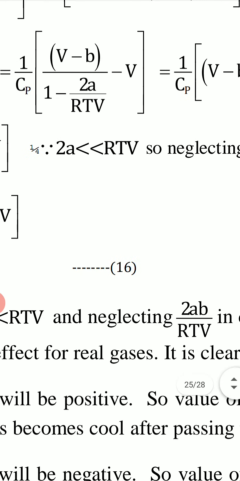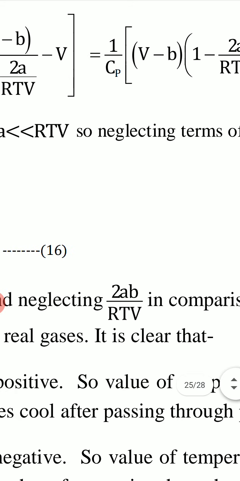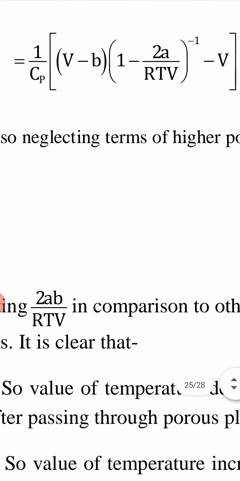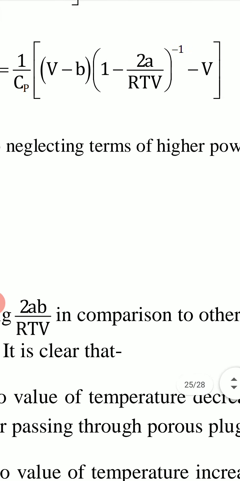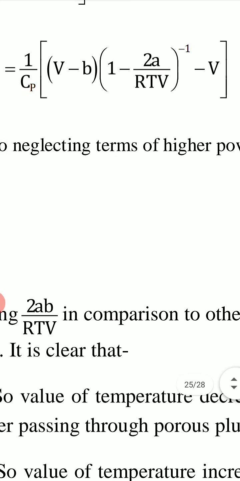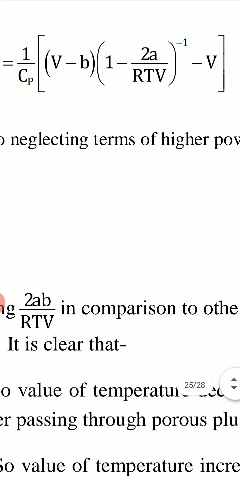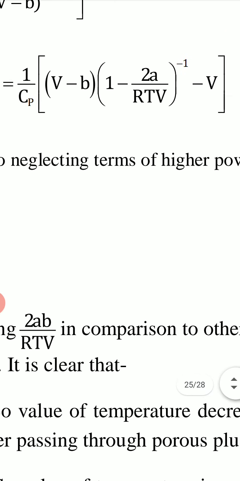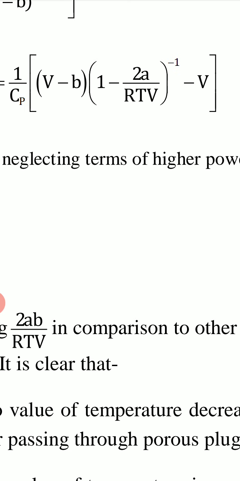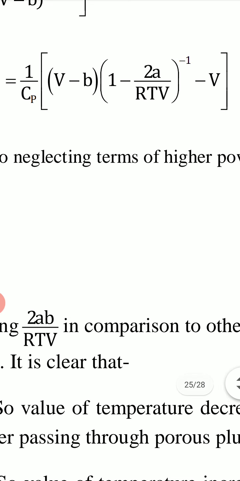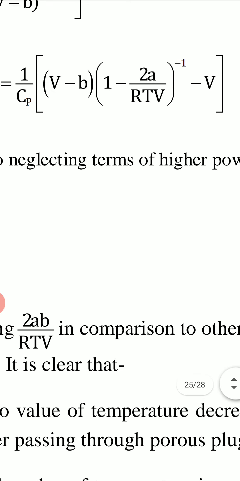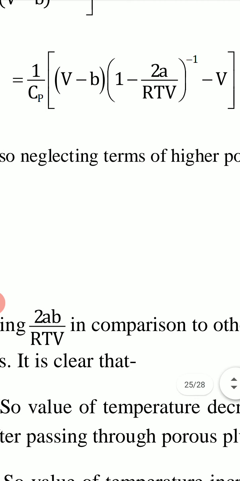Now 1 minus 2A upon RTV, we bring this in numerator and it becomes (1 minus 2A upon RTV) to the power minus 1, and we now expand it by using the binomial theorem. The formula for (1 minus x) to the power n, with n equal to minus 1, is 1 minus nx and other terms.